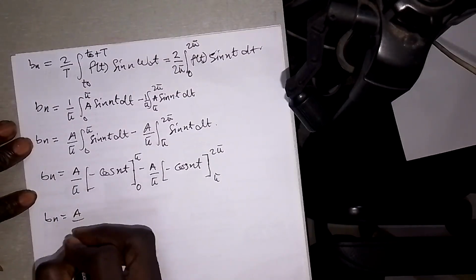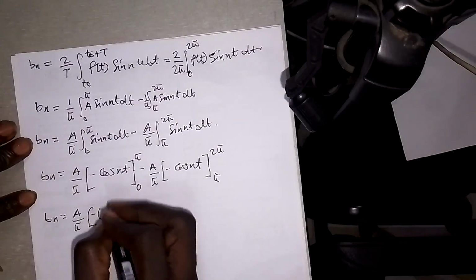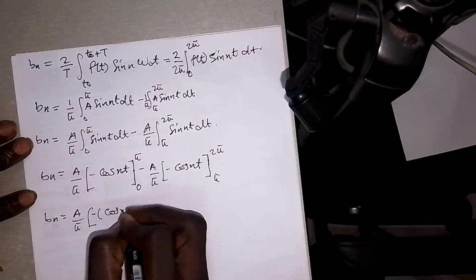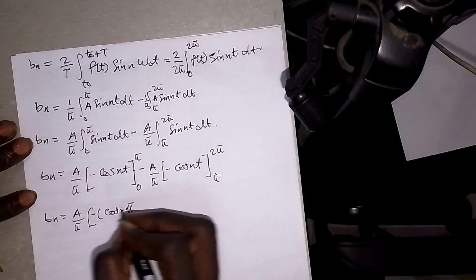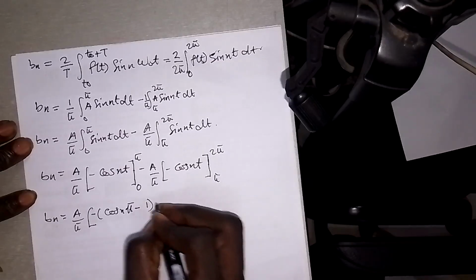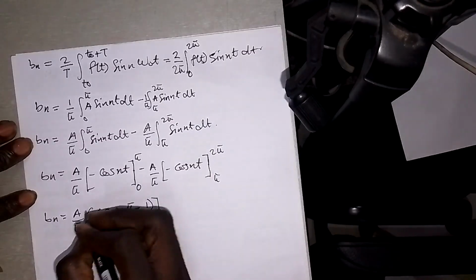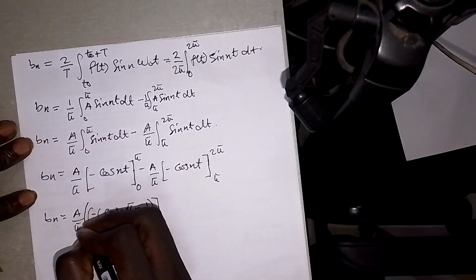You're going to have A over pi into minus cos n pi, minus, what is cos 0? Cos 0 is 1. Here I can just bring A over pi out like this.